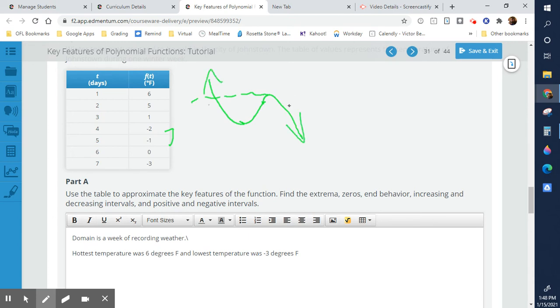So there's our curves. We can talk about the zeros. This is actually a double zero because it touches it one way and it touches it the other way. And the end behaviors are as x goes to the left, as x approaches -infinity, y approaches infinity, and as x approaches positive infinity, y approaches -infinity.